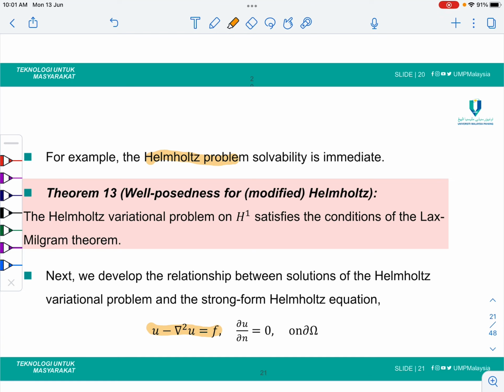In Theorem 13, well-posedness for modified Helmholtz, the Helmholtz variational problem on H^1 satisfies the conditions of the Lax-Milgram theorem. Next, we develop the relationship between the solution of the Helmholtz variational problem and the strong form Helmholtz equation.